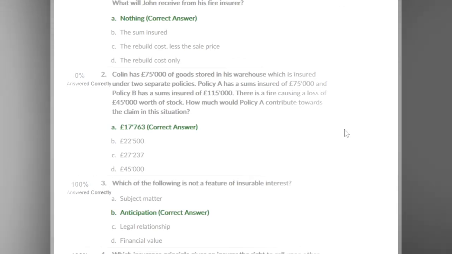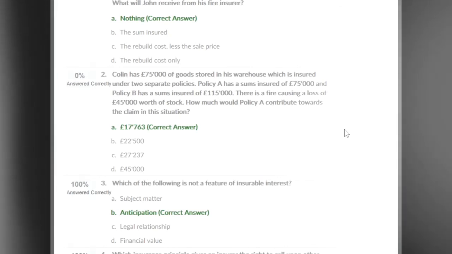So you could argue there's definitely enough insurance, almost over insurance. So he's definitely going to get his claim paid. The question then goes on to say there's a fire causing a loss of £45,000. How much would policy A contribute towards the claim in this situation?